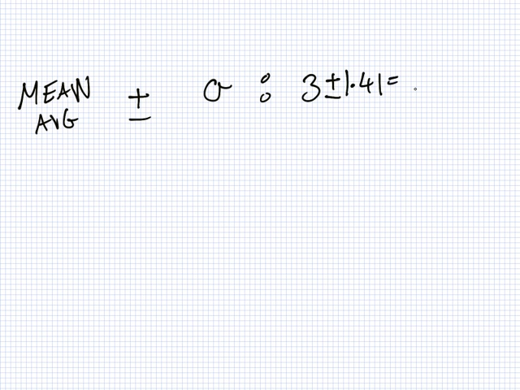What does that equal? That would be 1.59 to 4.41. How many of my numbers, 1, 2, 3, 4, 5, are in this bracket? 2, 3, and 4. 3 of them are in this range, correct?